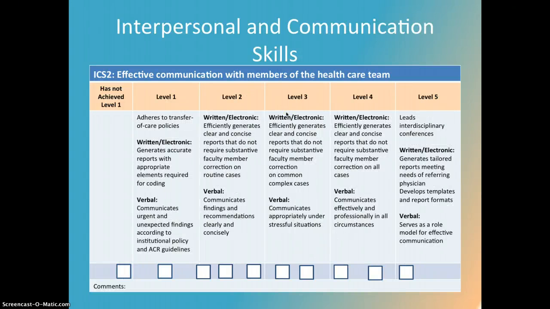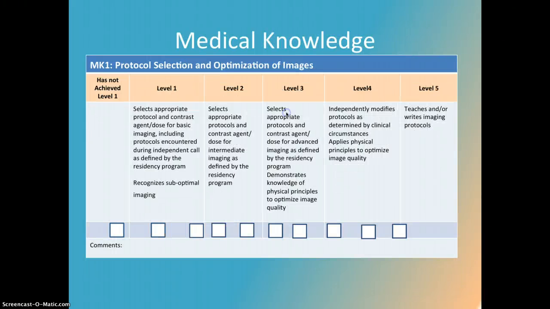For effective communication with members of the healthcare team, which is ICS 2, your written and electronic communication continues to improve and get better and better even as the cases become more and more complex. And the verbal communication also progresses to where you're able to communicate under more stressful situations and then eventually in all circumstances.